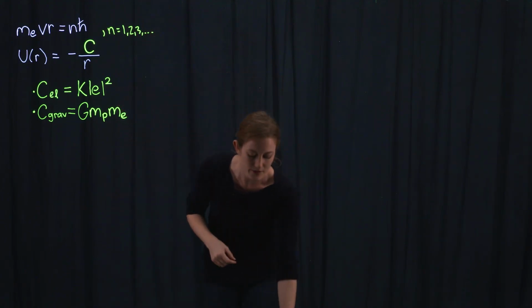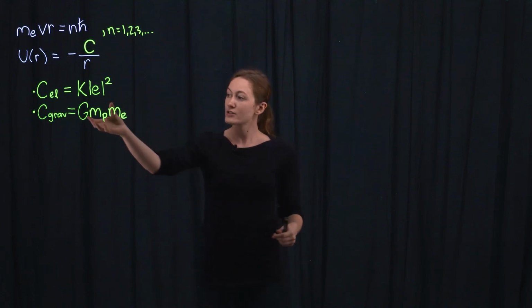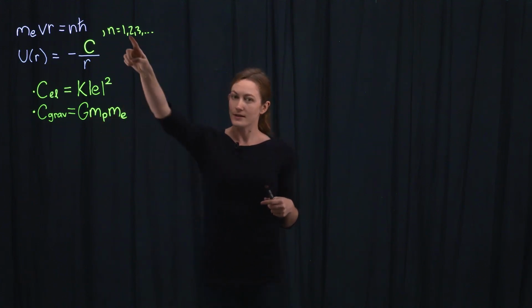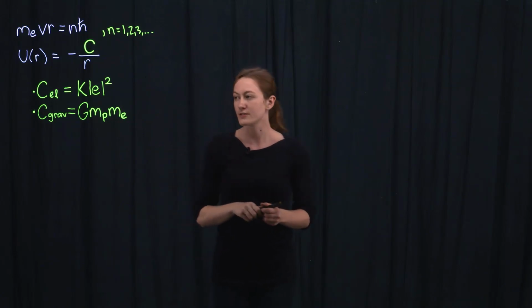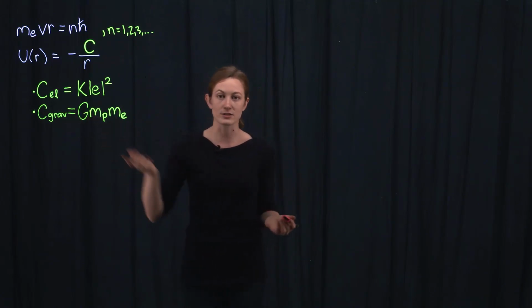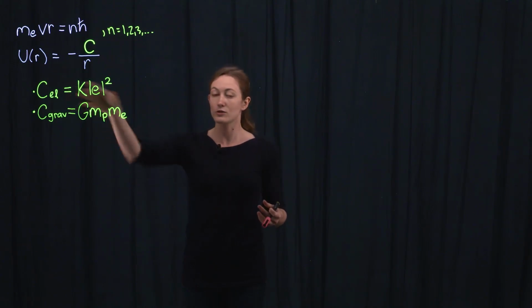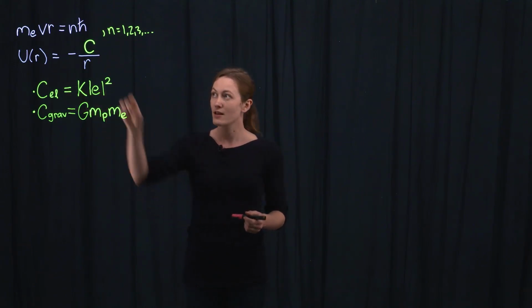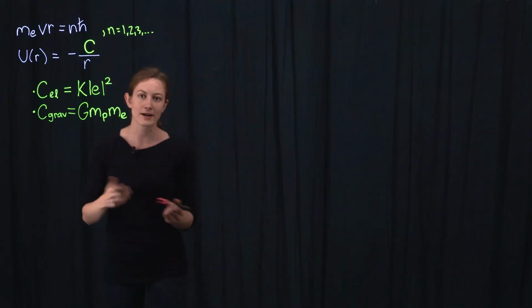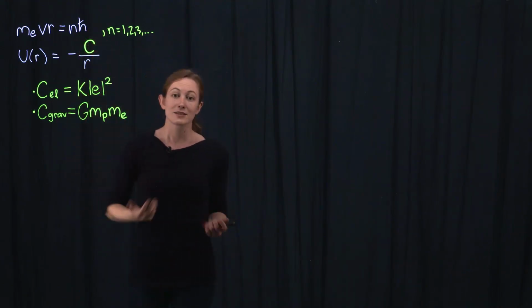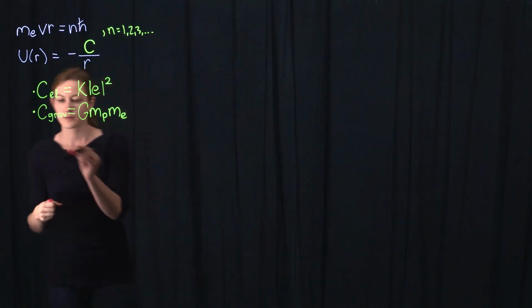Okay, so step one, we want to solve for the energy of the first Bohr orbit, that's n equals 1, for this system for the case of a gravitational potential holding the electron to the proton rather than the Coulomb potential. But since these have the same form, I'm going to write everything in terms of C so that we can compare at the end.